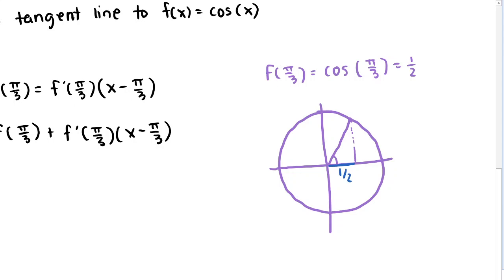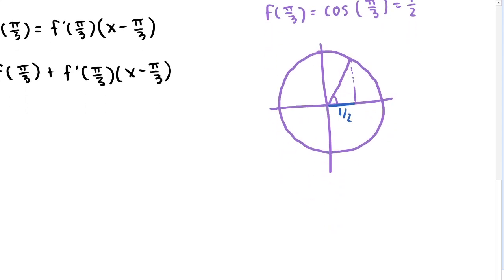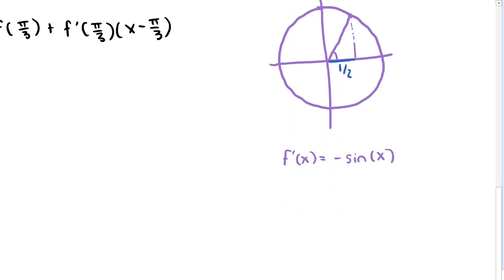But this isn't the only thing we need for our tangent line. We are also going to need the derivative evaluated at pi over 3. So we're going to need f prime of x. And so what's the derivative of cosine of x? Well, that's negative sine of x. And so what's negative sine of x evaluated at pi over 3?